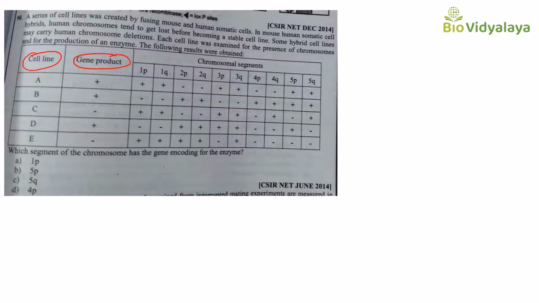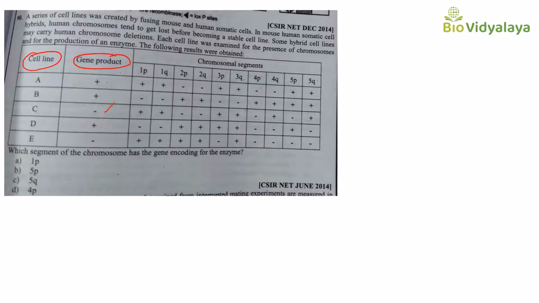Here positive means the enzyme is present in this cell line and negative means the enzyme is absent in this cell line. And these are the chromosomal segments: 1p, 1q, 2p, 2q, 3p, 3q, 4p, 4q, 5p, 5q. So here we have to find which segment of chromosome has the gene encoding for this enzyme.